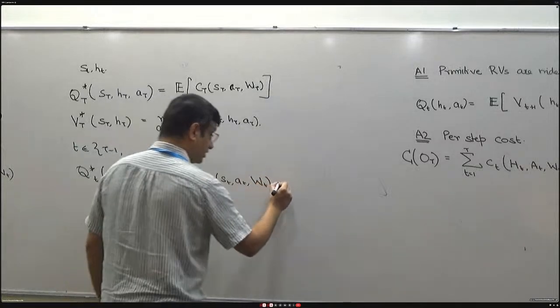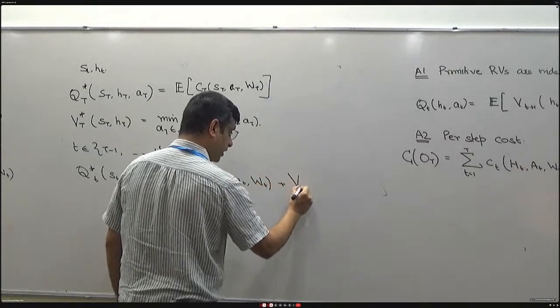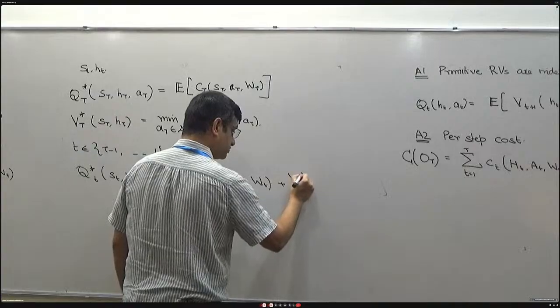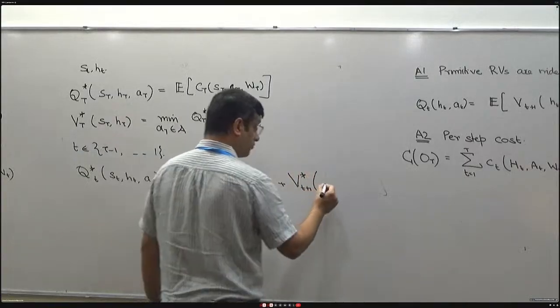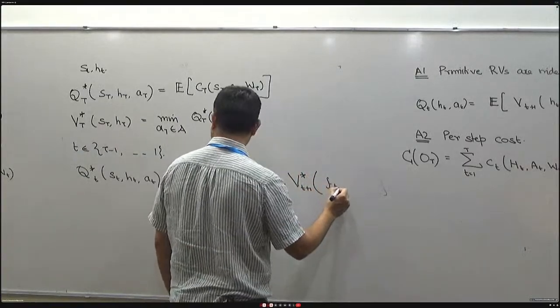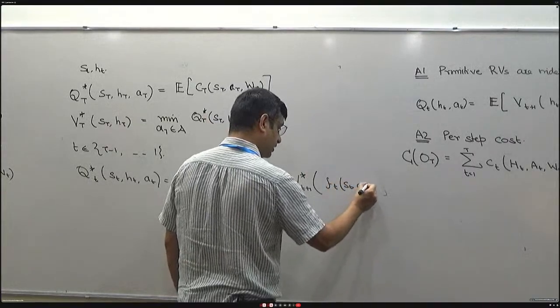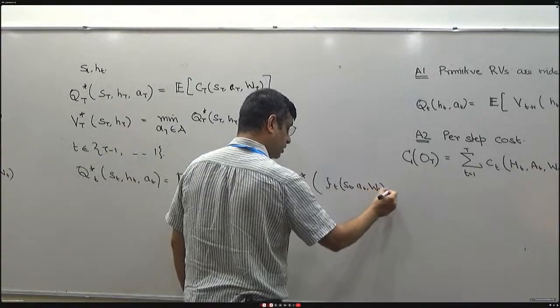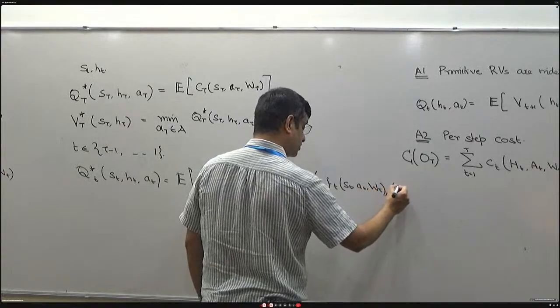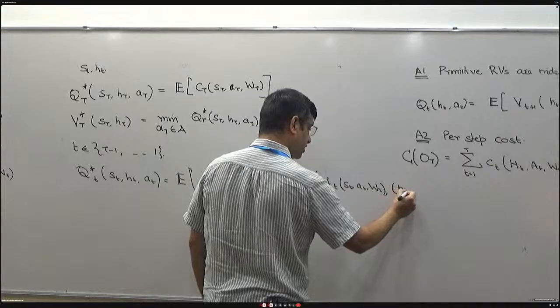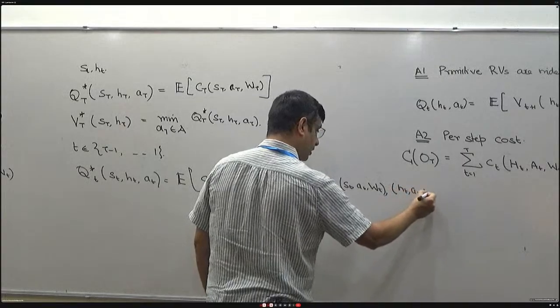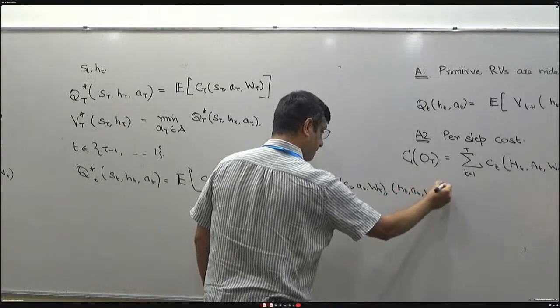And this is where now things become interesting. V_{t+1} star of, I'm going to write the F component of this to be F_t, A_t, W_t, and the next history, which is H_t, A_t, W_t.